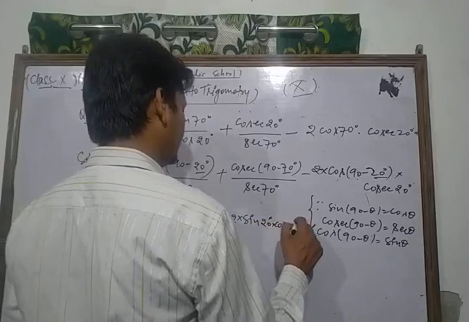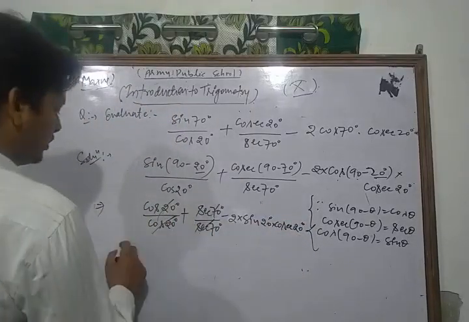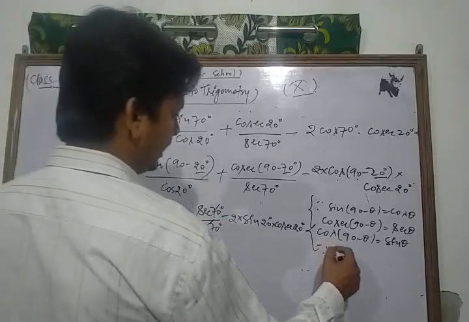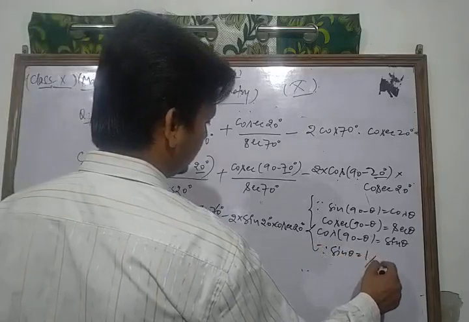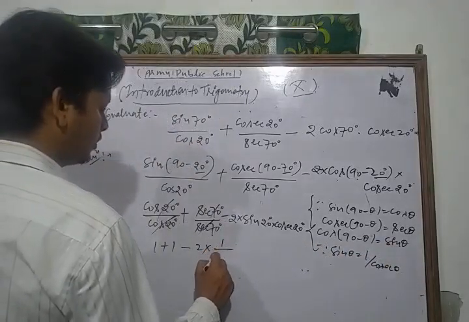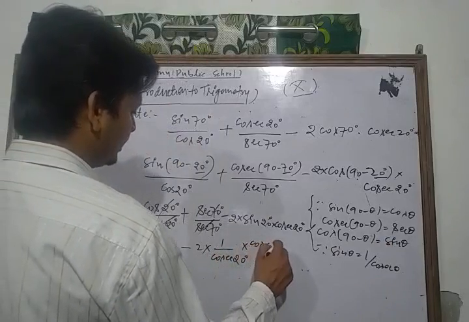Now here, these cancel, so 1 plus 1 minus 2 into, since sin theta is equal to 1 upon cosec theta, so here we write 2 into 1 upon cosec 20 degree into cosec 20 as it is.